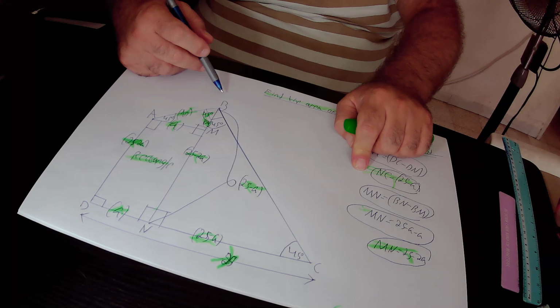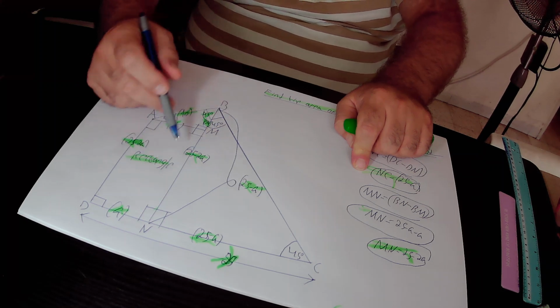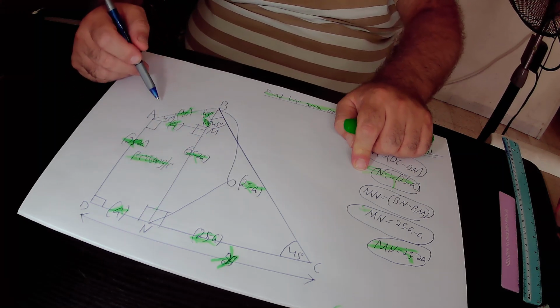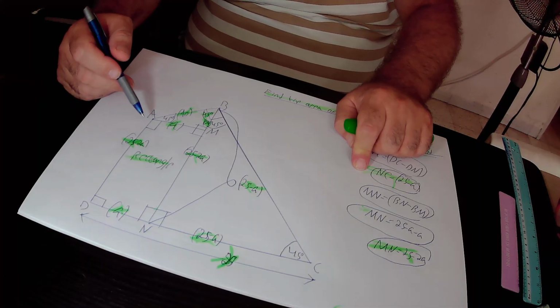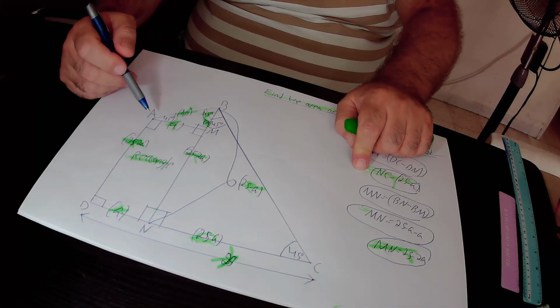So because in quadrilateral ABND side BN is parallel to the opposite side AD, quadrilateral ABND is a trapezoid.